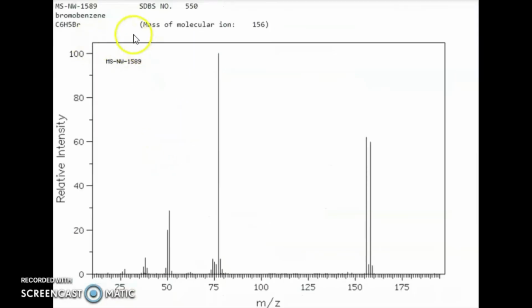So coming back to the example that I started with, bromobenzene, the molecular weight is 157.